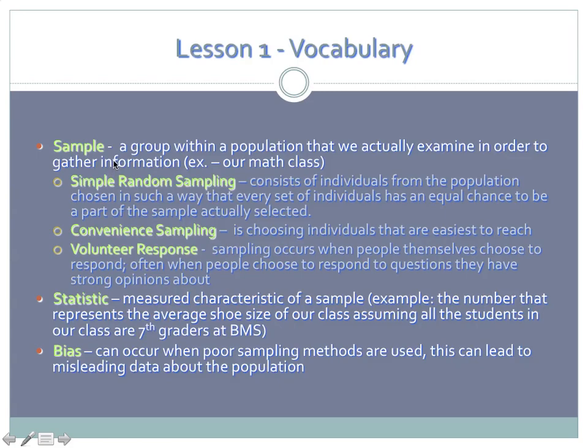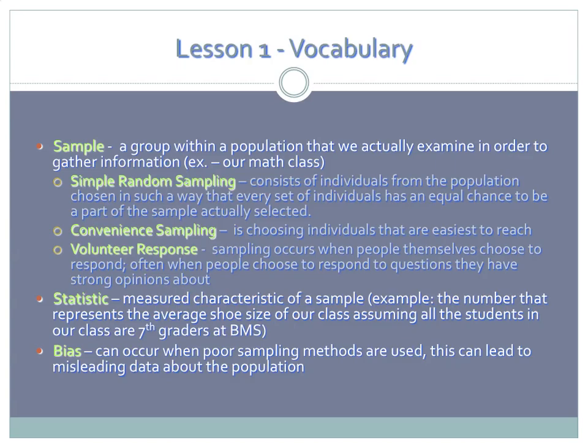I mean, there's almost 300 of you. So what I would do instead is take a small group within the population, maybe your math class, and measure the heights of those students, and I would use that information as a representative of my population.